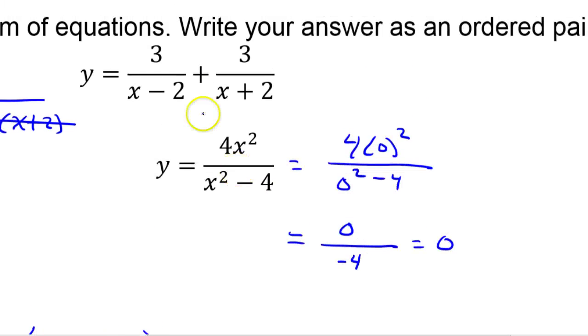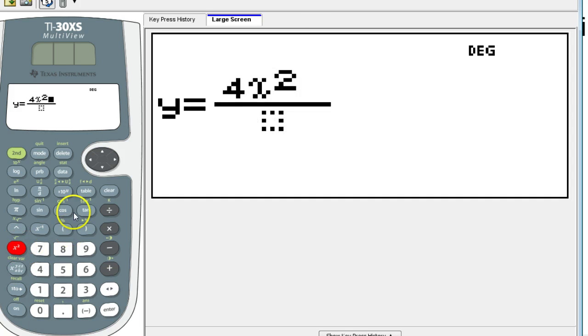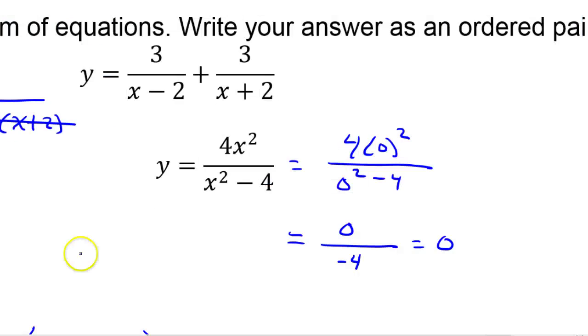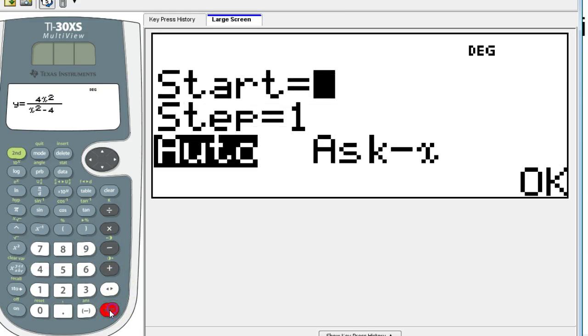So it doesn't matter which one of these you pick. I'm just going to use this one, 4x squared over x squared minus 4. Alright, and I like to use ask mode to evaluate. So I'll go over to ask and hit enter.